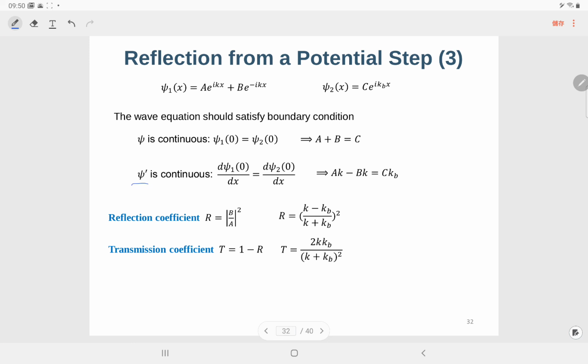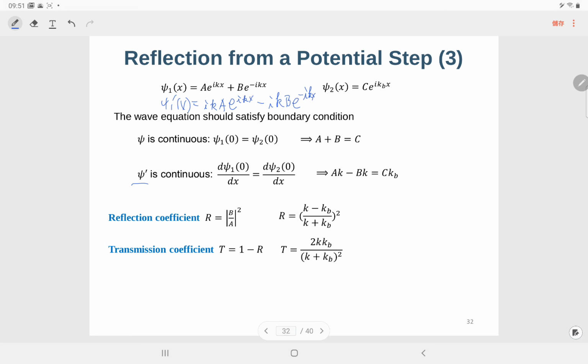And phi prime is also continuous, so phi 1 prime will be iKa exponential iKx minus iKb exponential minus iKx.